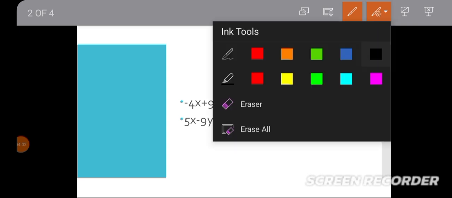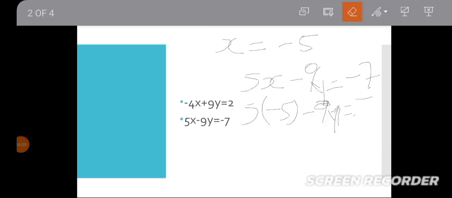Let me erase it. Right, so this should be a negative 7. The next step, we know that 5 times 5 is 25, so that leaves us with a negative 25, and we write back the negative 9y.